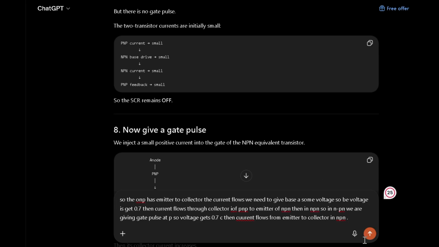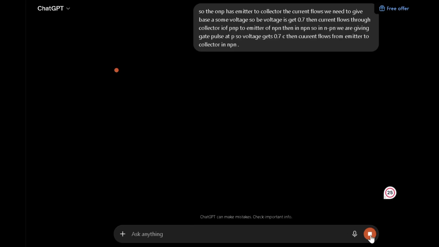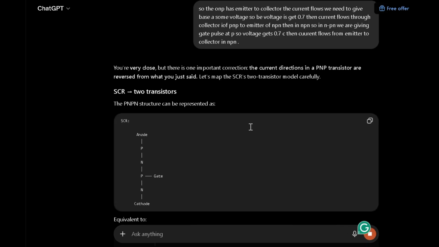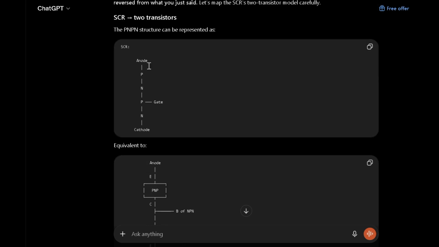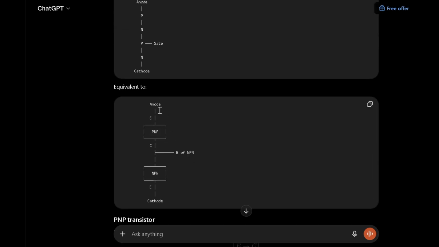You are very good, but there is one important point: the current directions in a PNP and NPN are reversed from what we said. From anode to cathode, the PNPN is equivalent to emitter to collector in the PNP and collector to emitter in the NPN.